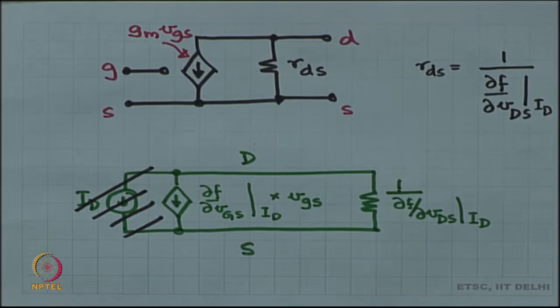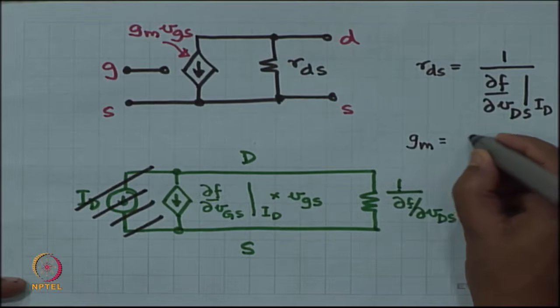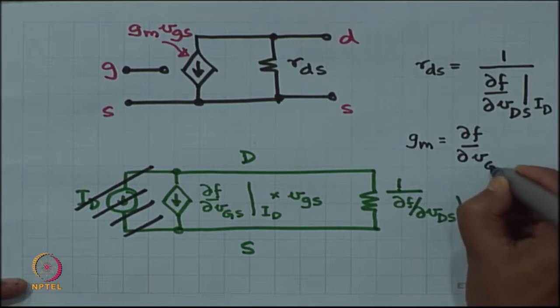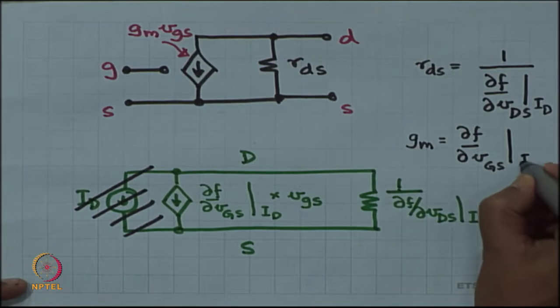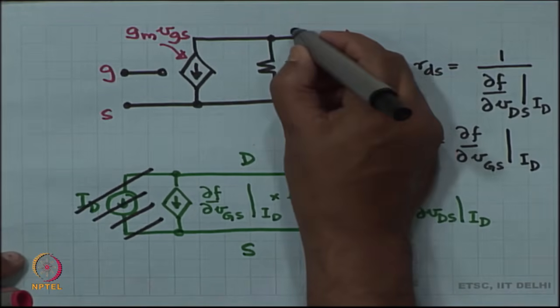And the definition of gm over here is dou f by dou VGS computed at the operating point. All right. So, this is going to be the model for the MOSFET.